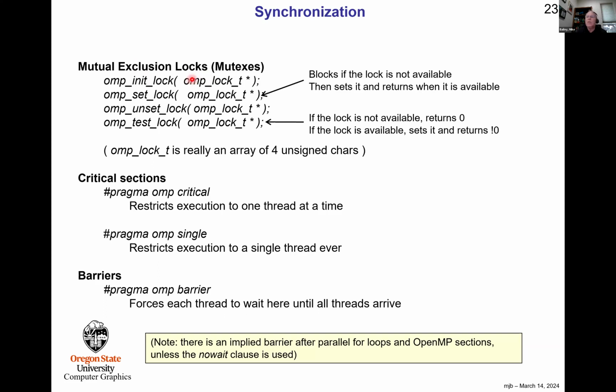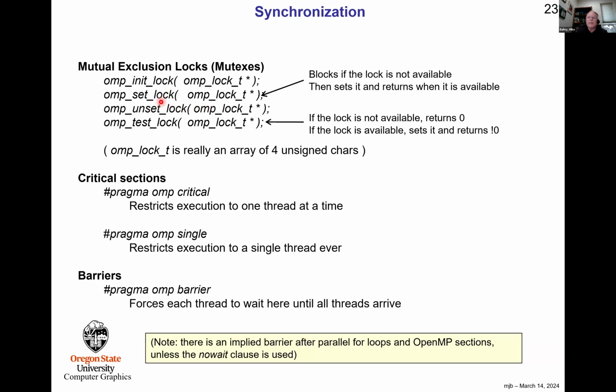And then any piece of code where we don't want another thread to get in there and change something while we're changing it, like sum equals sum plus partial sum, we would set the lock. Now, if a thread comes along and executes this instruction and the lock is already owned by another thread, the second thread will just block. It'll just stop and wait until the first thread releases the lock, omp_unset_lock, and then it will go on. Okay, so this is how you do that.